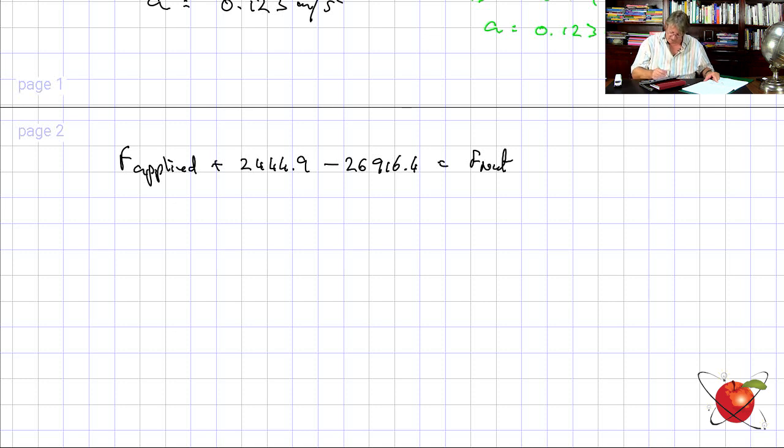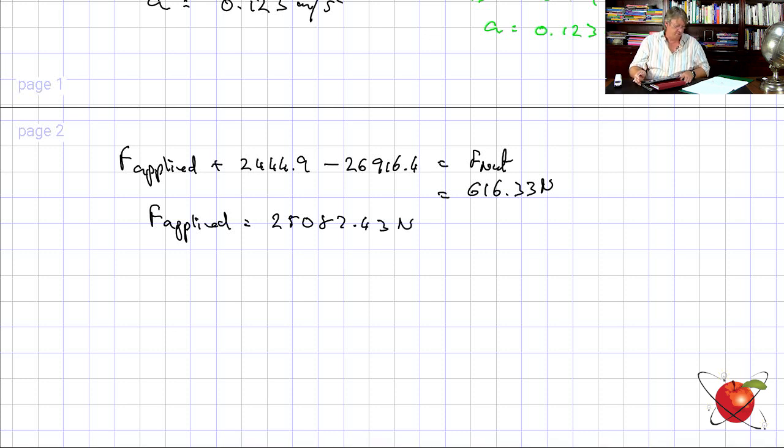So we say F net is equal to 616.33 newtons. Therefore, we can work out F applied to be equal to 25,087.43 newtons. Cool. So now, what is the work done by the engine?